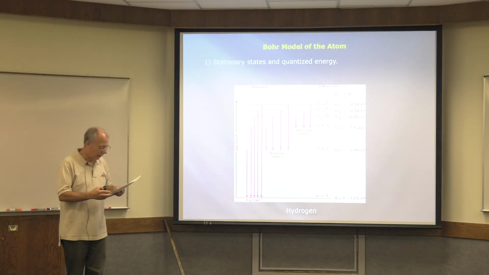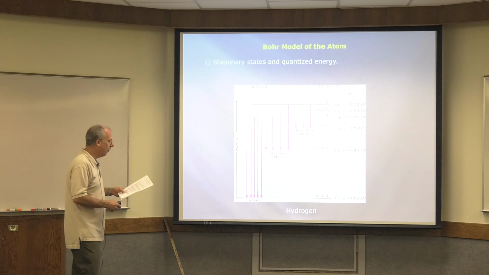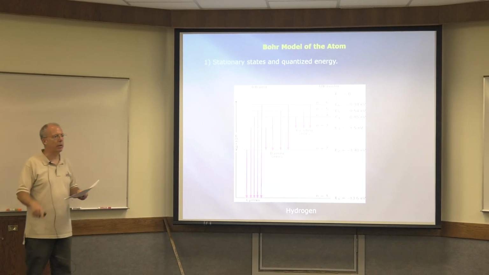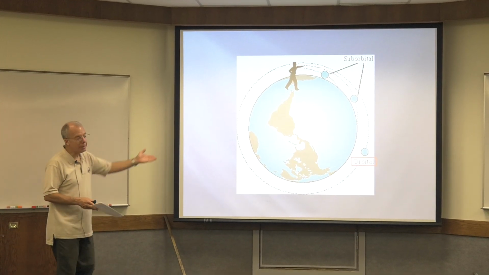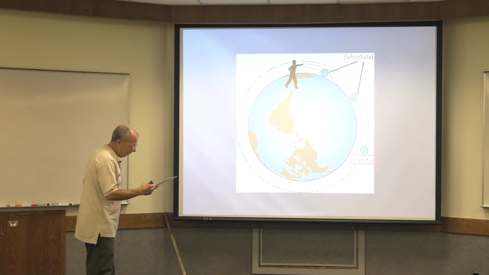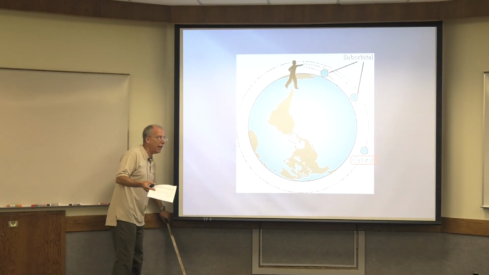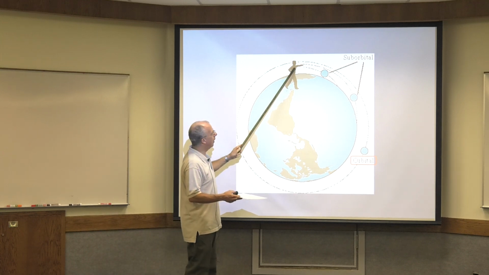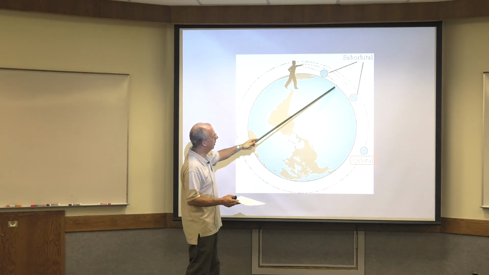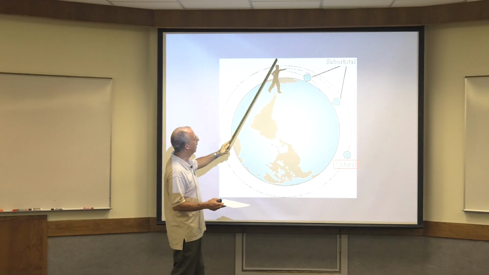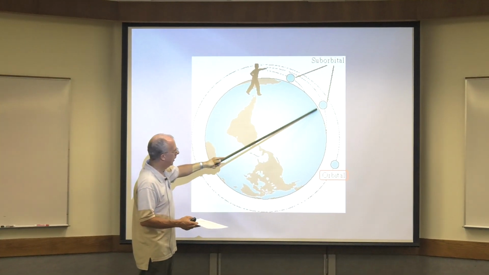Okay, so first of all, let's think back to Physics 121. Remember this? Here we had stationary states, right? If we threw it with not enough energy, it didn't go all the way around. Threw it a bit more, it hit the ground.